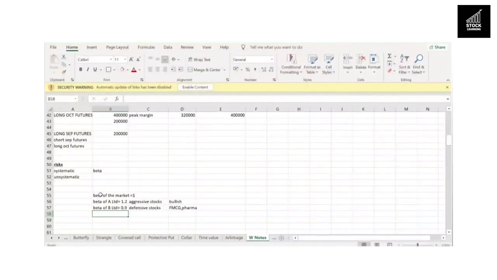One of them is Money Control. Just Google beta of Reliance Industries or beta of TCS, and you will have the beta there. You do not have to calculate.